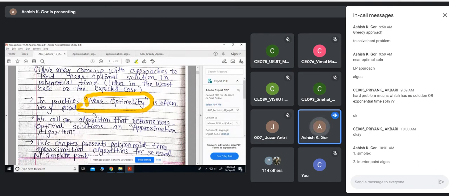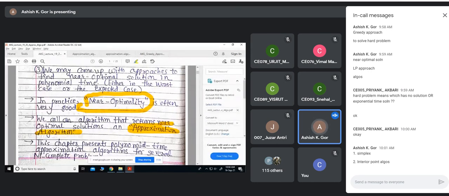Because they are efficient. We compromise optimality, but we get an efficient answer, a polynomial time algorithm. So algorithms that give near optimal solutions are also called suboptimal solutions and approximation algorithms. This is a term you have to remember.